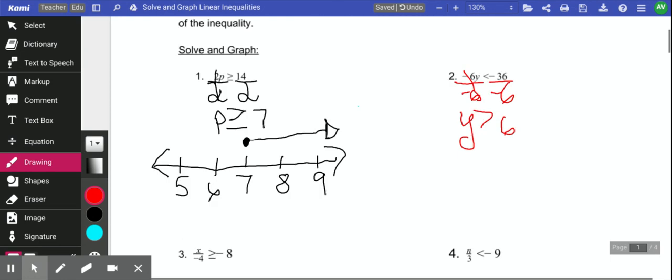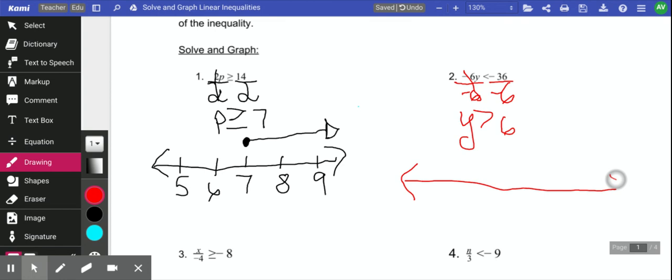All right, now we go to graph our inequality. I put the number 6 right in the middle. To the right, the numbers go up as they get greater. To the left, the numbers go down as they get smaller. This time it says y is greater than 6. So over here we had a line underneath. Over here we don't.